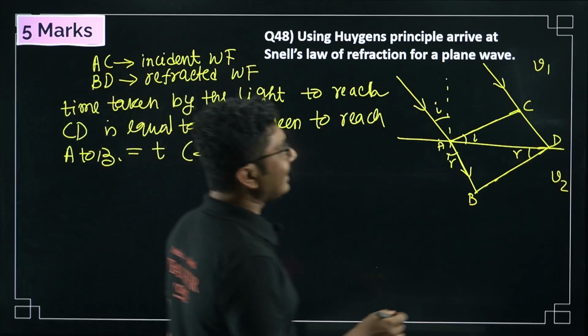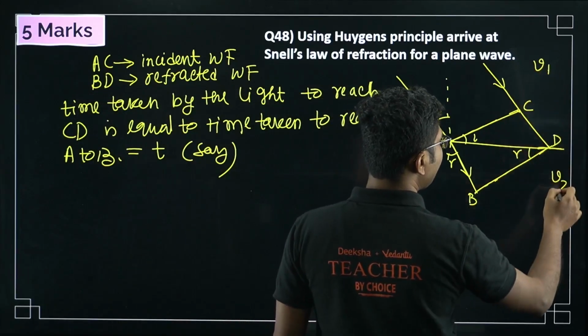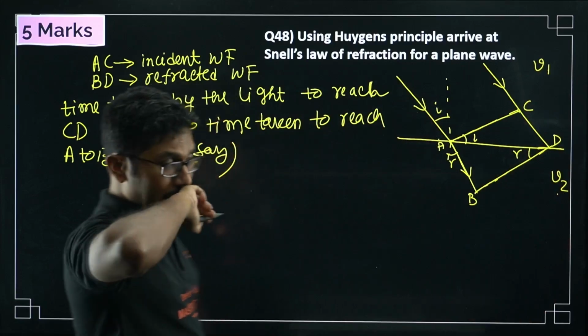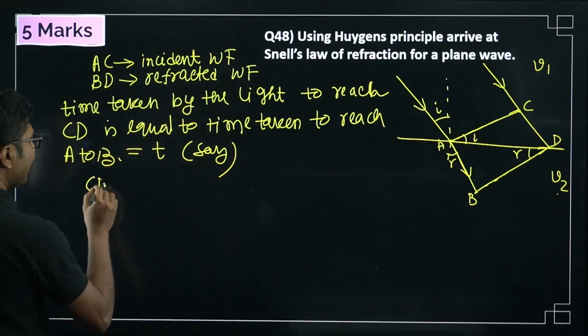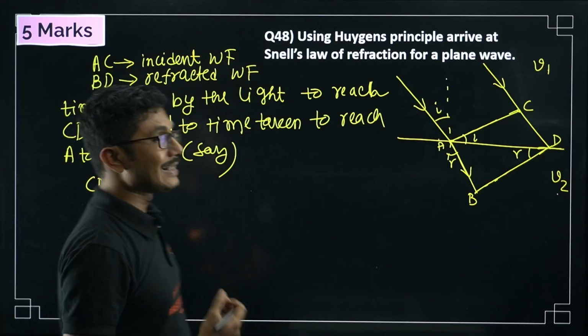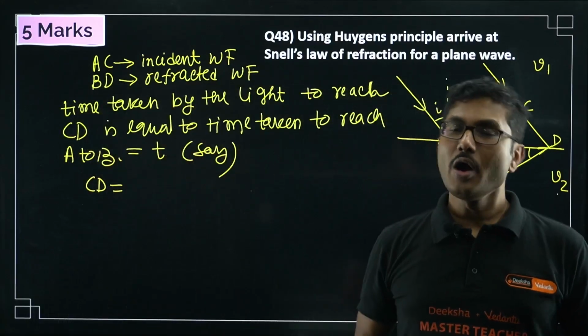Now speed of light in this medium is V1, speed of light in this medium is V2. So what is CD? CD is basically what is distance? Distance is speed into time.